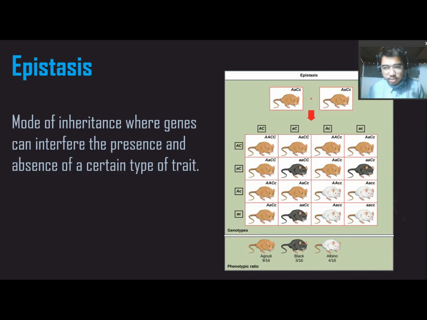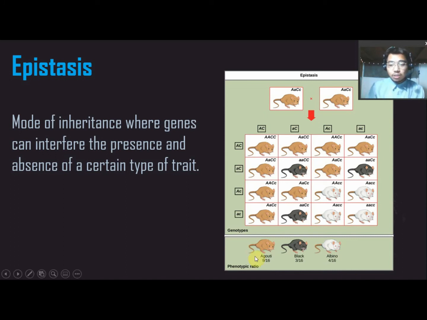For instance, we have here the presence of mice. Now, the presence of the agouti mice is considered by one type of trait, while the color of their fur is present on another type of trait. So basically, different characteristics and different colors can be manifested because these different types of characteristics were affected by different types of genes.